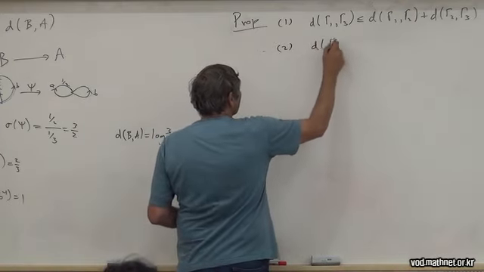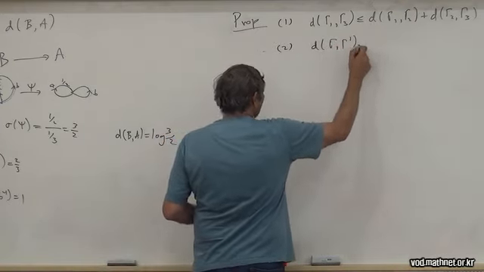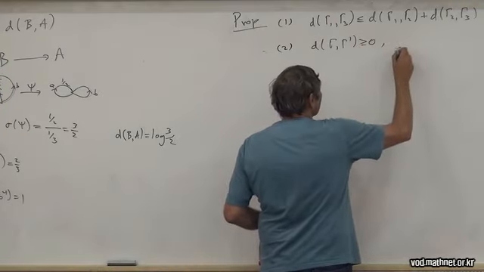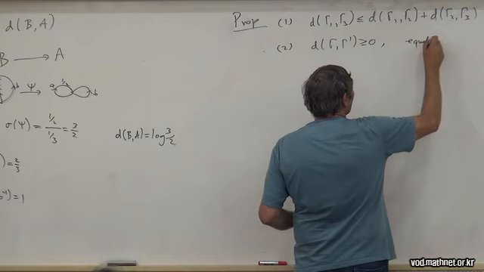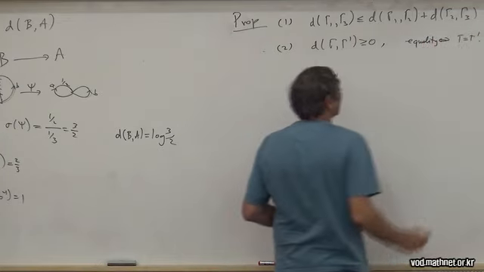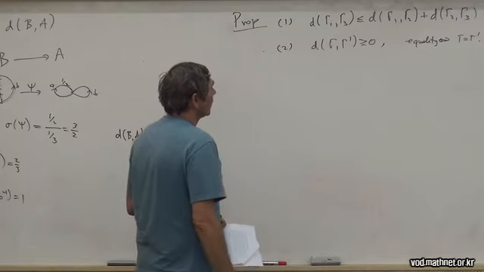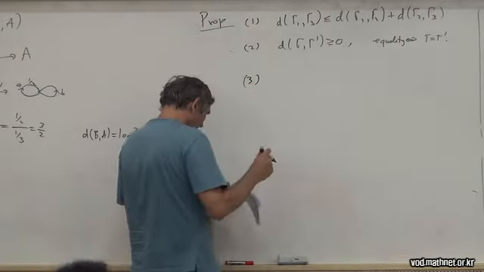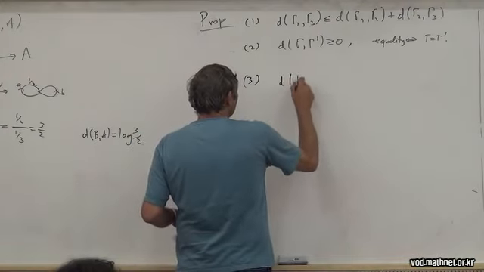The distance is always greater than or equal to 0, and equality is equivalent to gamma being equal to gamma prime. So for distinct points, it's strictly positive. And it's invariant under the action.